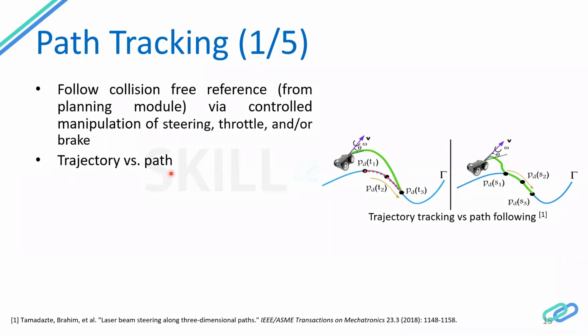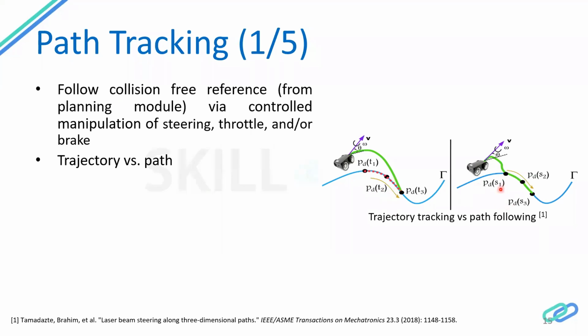The difference between a trajectory and a path is quite subtle, so I'll explain it here. Essentially, what the path planner computes is a set of points on the road. If this set of points is parameterized in terms of time, so it says you have to be at this coordinate point at time t1, and the next one at time t2, and the next at time t3, etc., it's called a trajectory.